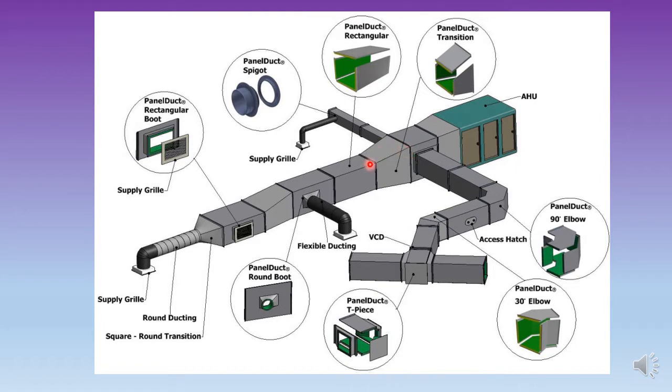So to change from one cross-sectional area to another, we use a transformation or transition. Right, we also have elbows so that the airflow may flow in a different direction. So this is basically the parts of the ductwork.